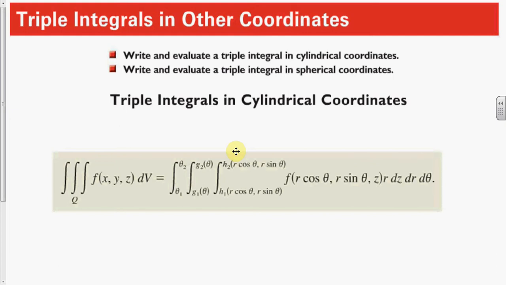That becomes your choice later on. So you decide which would be easier to solve. So in terms of cylindrical coordinates, we'll look at this and work a problem or two.